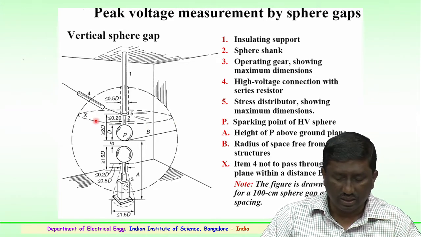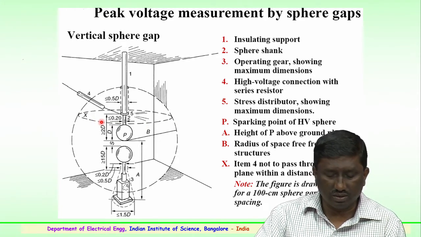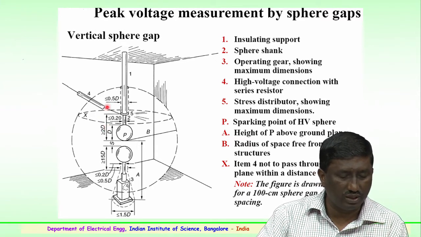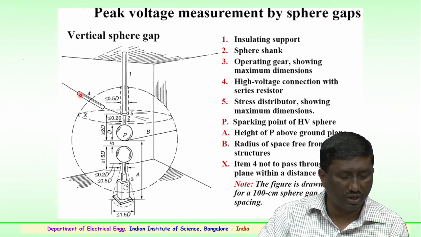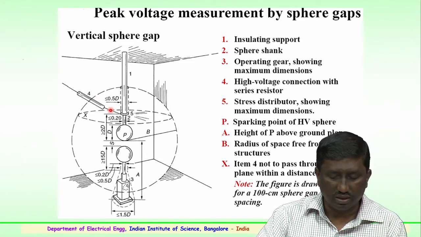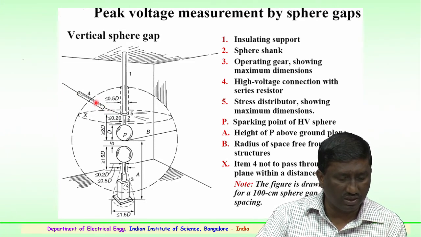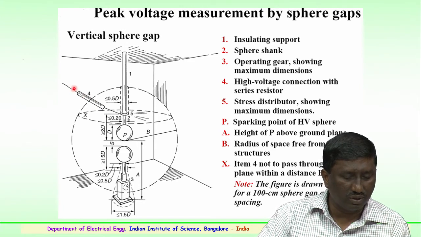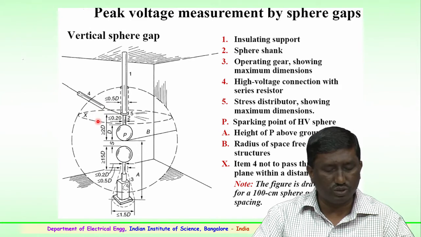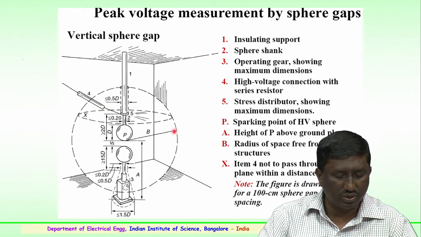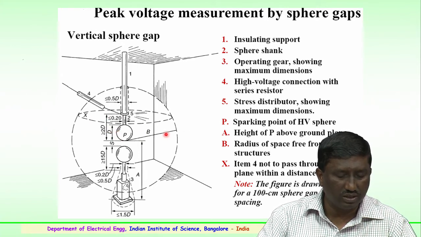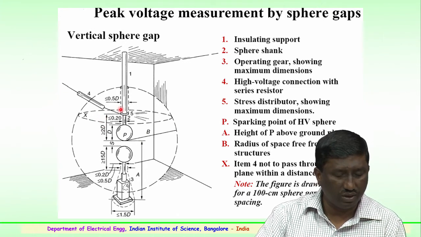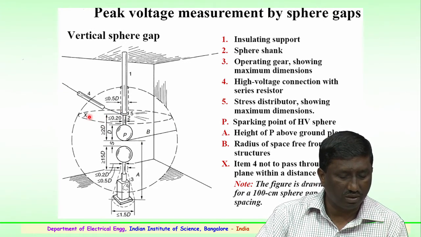This X is item 4, the connection from the high voltage connection through the resistor. The contact should be firm and it should not pass through this plane within a distance. This same distance B has to be maintained, and it should not come in the vicinity of these clearances.